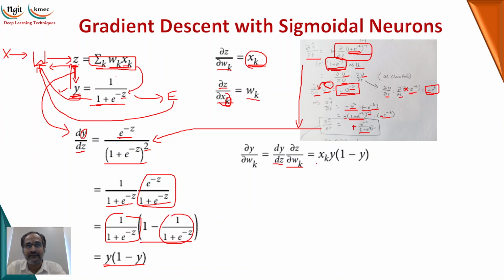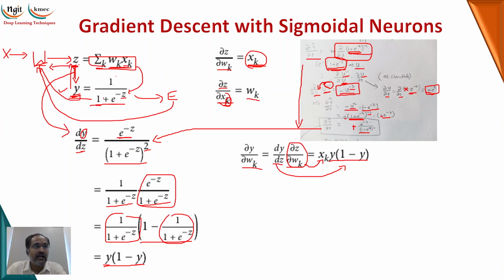So we apply these two, and now we have ∂y/∂wk.